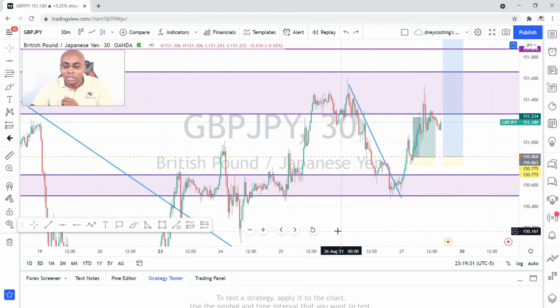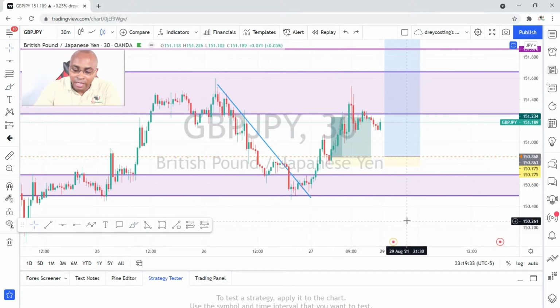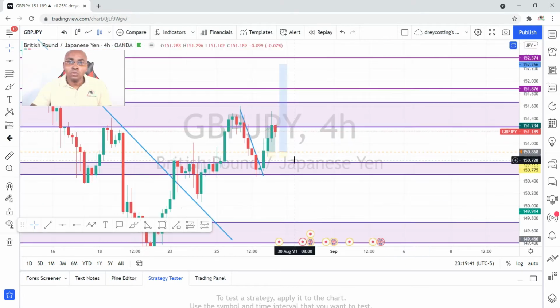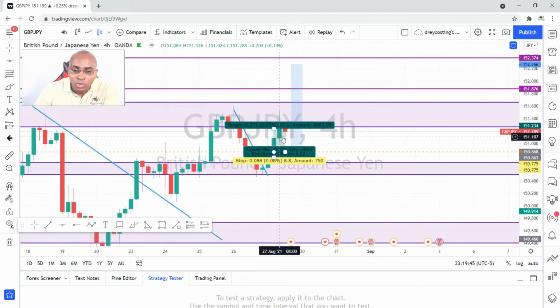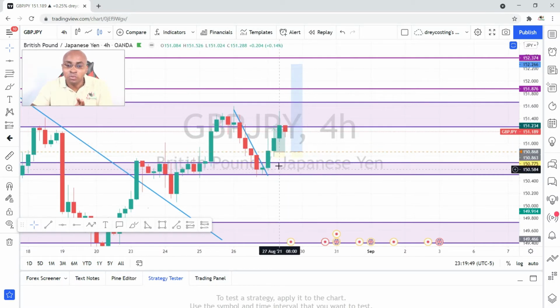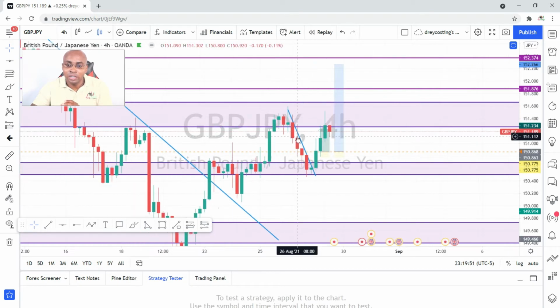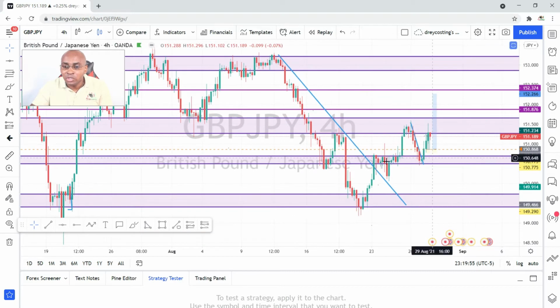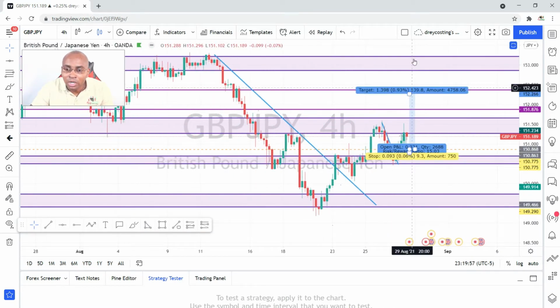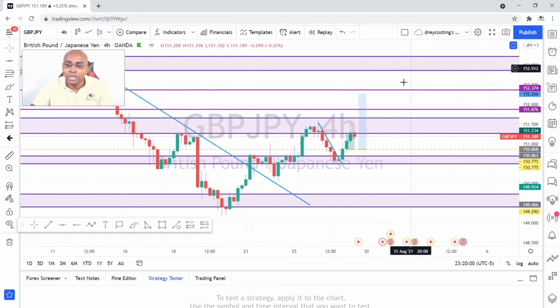However, if you go back to the H4, the first position that we like to take, I would want you to put it within this first zone between this demand and the supply. Yeah, that's where your first position should be. Your next position can play the entire market structure. You understand?